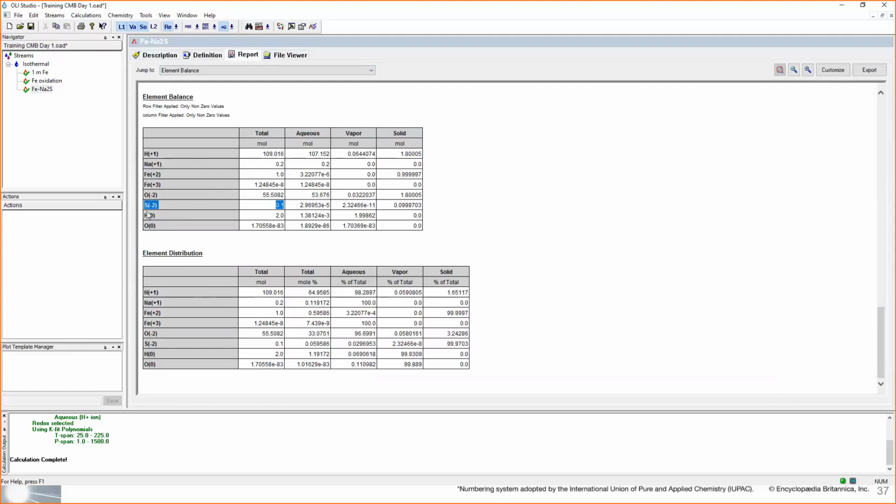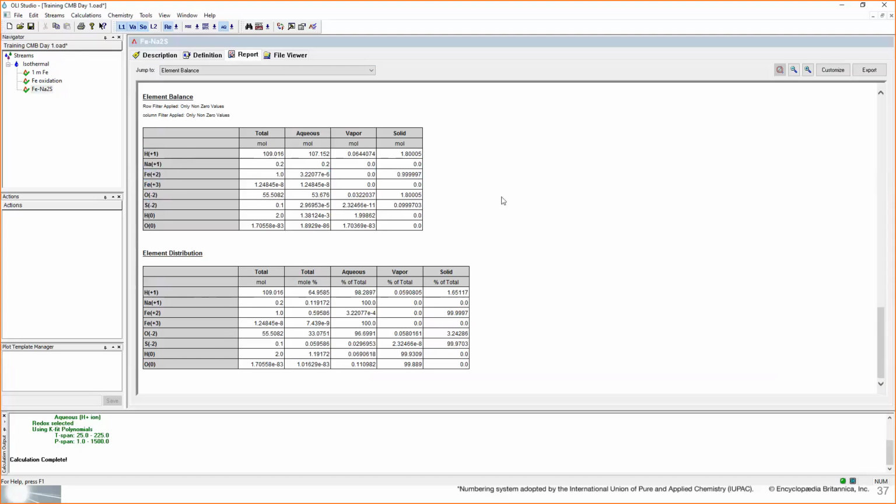Okay? The sulfur -2, a little bit of it is in the aqueous phase, okay? But most of it is in the solid phase. So now we are forming a solid that contains sulfur -2 and a solid that contains iron +2.